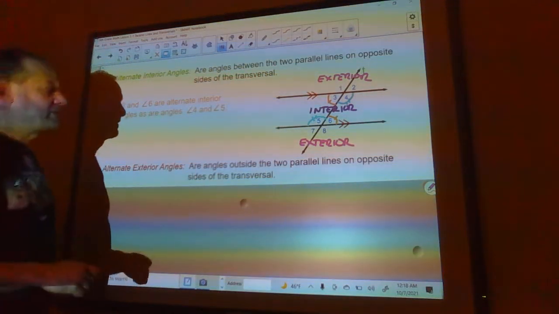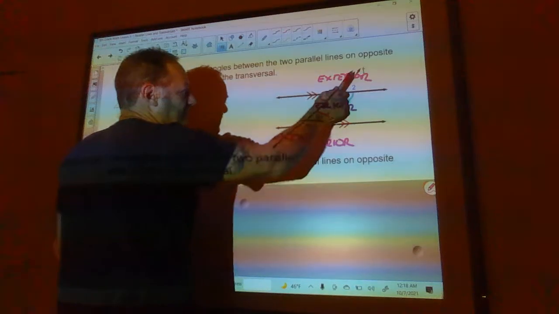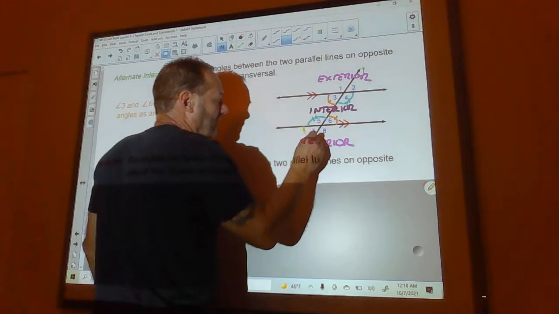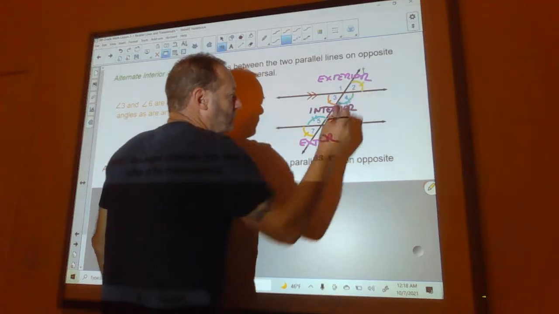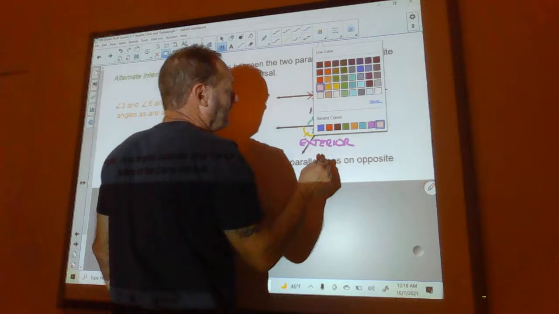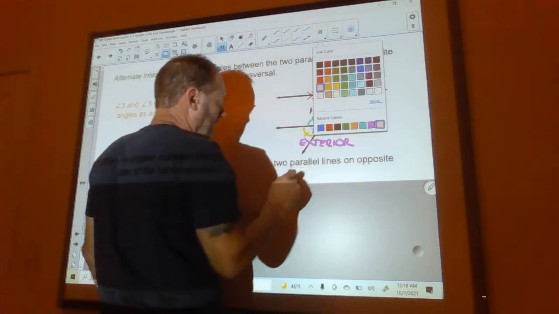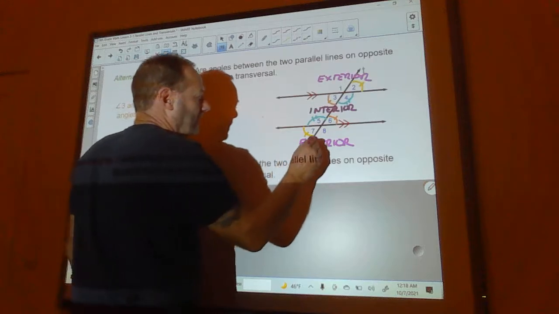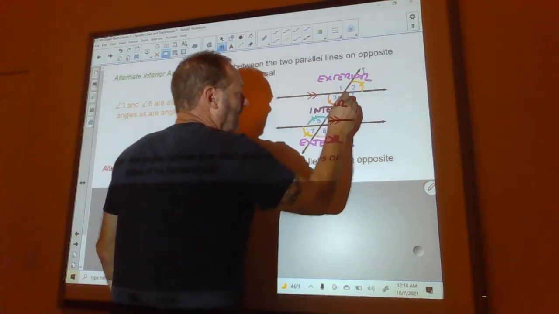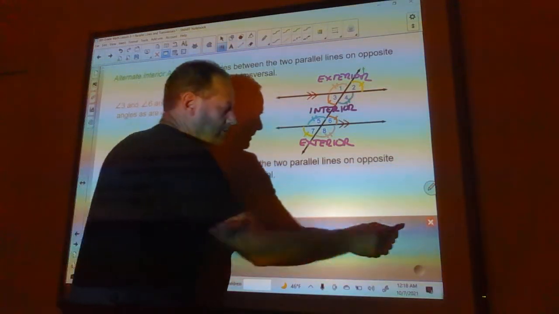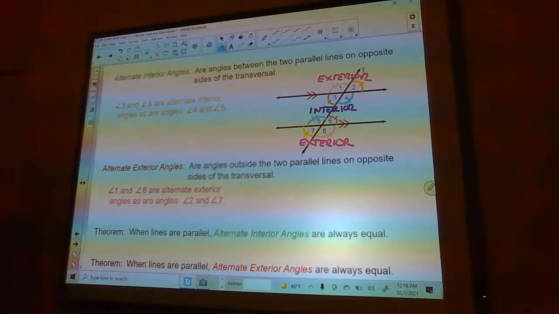So alternate exterior are on opposite sides of the transversal. So you've got angle 7 and angle 2 are exterior, and angle 8 and angle 1 are exterior. Okay, so we've got that right here.